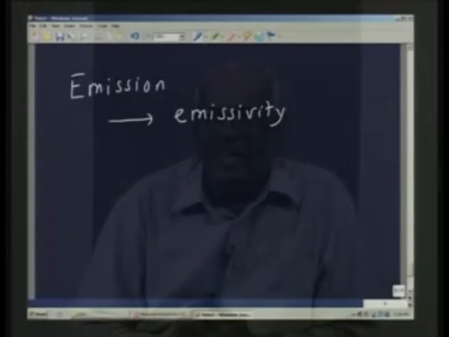Emissivity has something to do with the amount of radiation emitted from the surface. Okay. Now, how do I characterize that? One way of doing it is to compare the actual surface to a black surface or a black body.